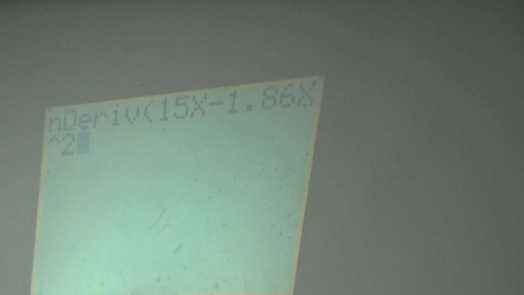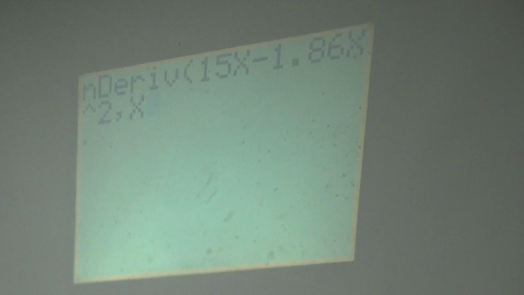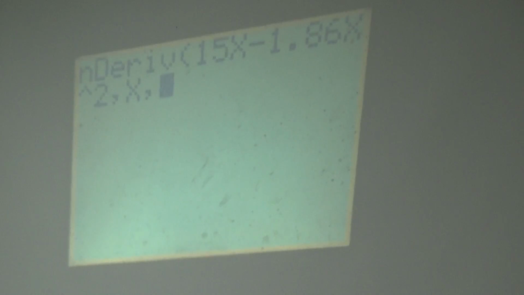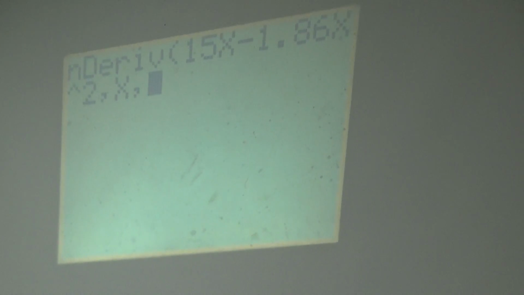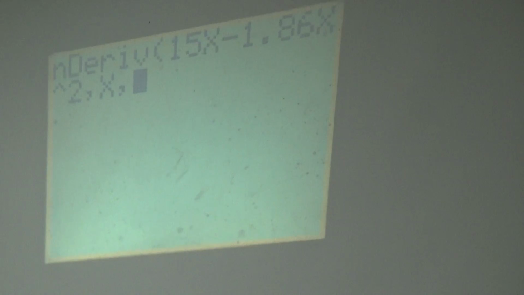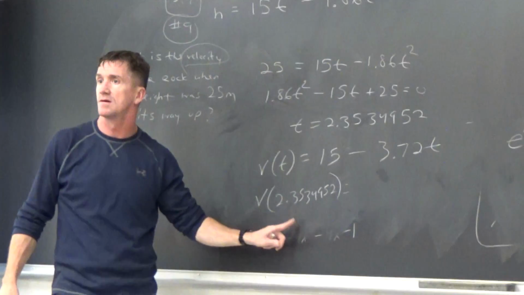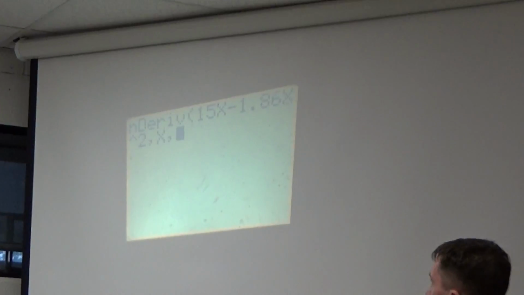Square. I'm going to put comma x. I just don't think anybody in here is ever going to need this, but I'd like to show it to you for one day. You go, oh, I'm going to use this. I'm going to ask the calculator to take the derivative of this and then substitute for the x that number. Okay? Right? Comma, here we go.